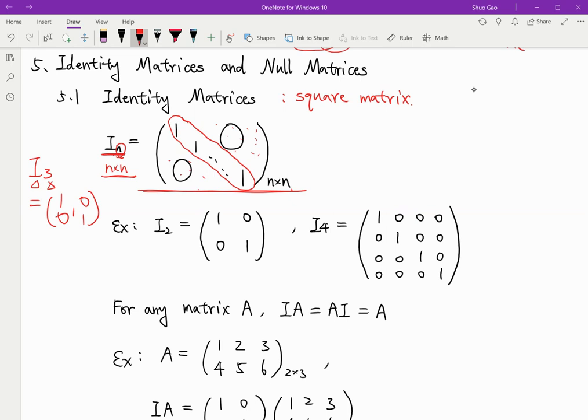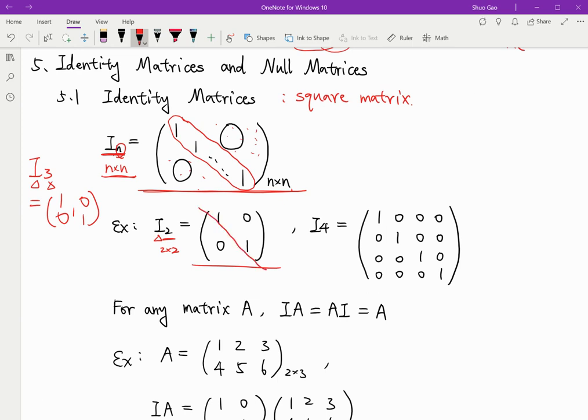Only the diagonal elements are 1, and all the others are 0. For example, if this is an identity matrix of dimension 2, a 2 by 2 square matrix, then it should be 1, 0, and 0, 1, right?